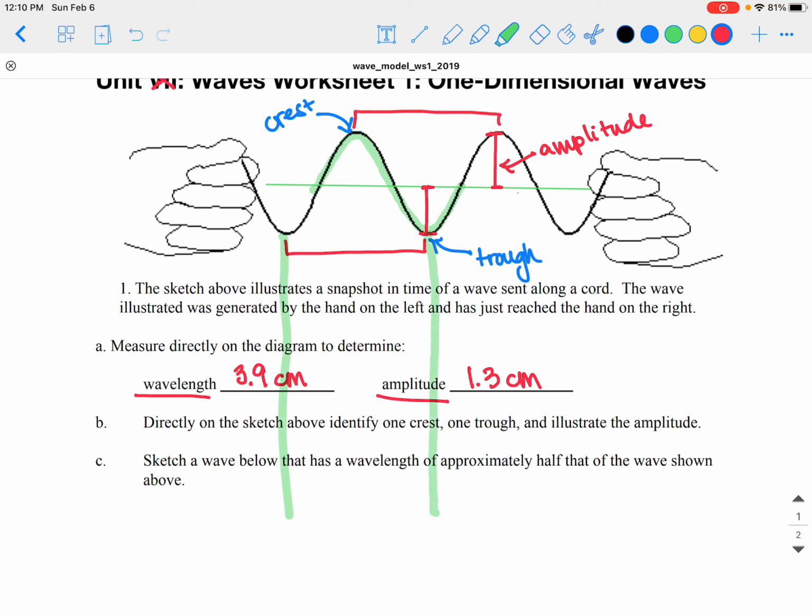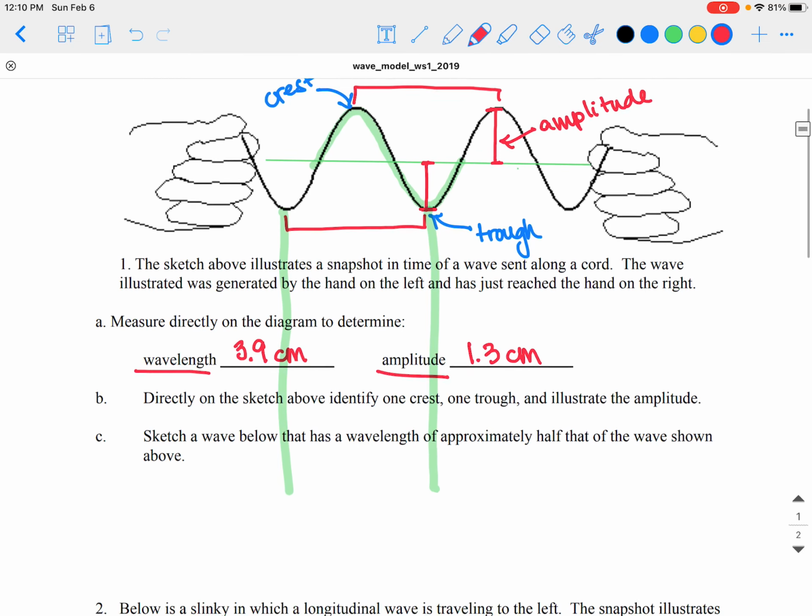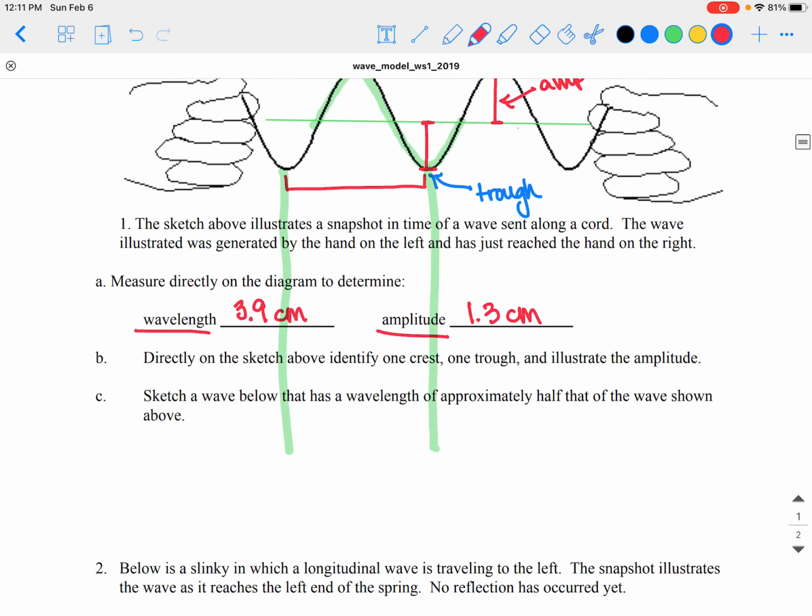So I'm going to say between trough and trough, I'm going to have two crests in between there. So as best I can, I'm going to draw two crests within a trough, another one about the same size. That would be an example of a wave with half of the wavelength.